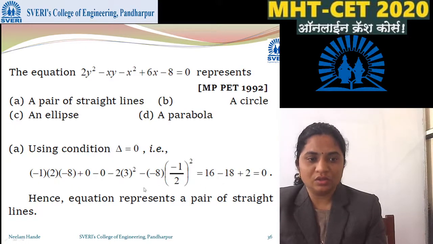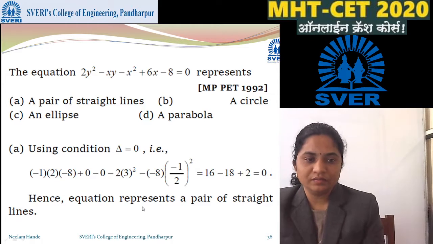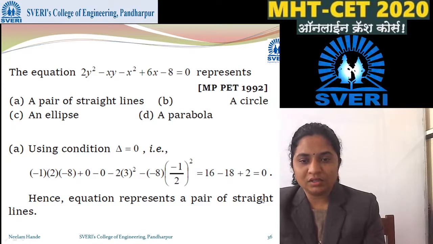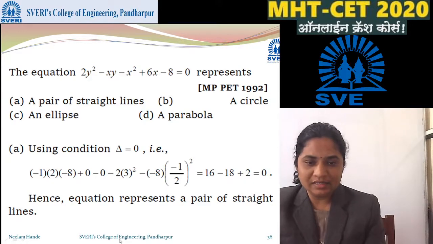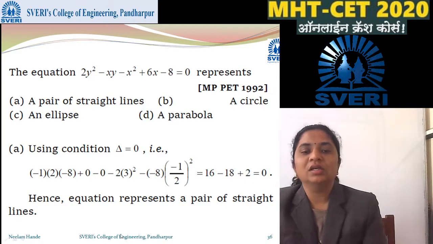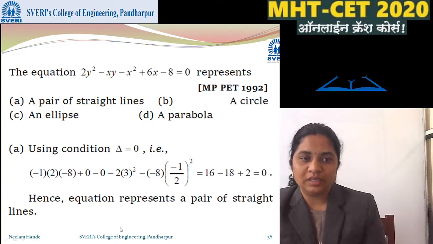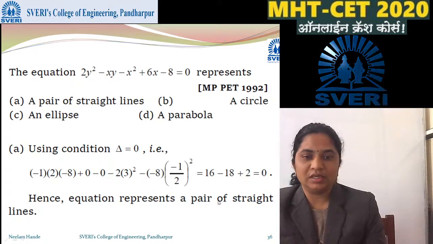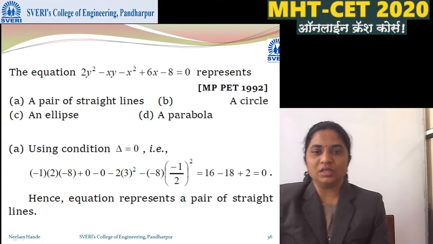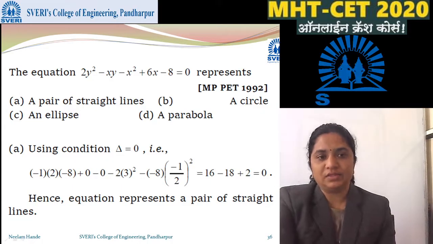So substituting all the values here and solving it, we get it is equal to 0. If delta is equal to 0, then it is a pair of straight lines. Yes, it is 0, therefore it is a pair of straight lines. Option A.